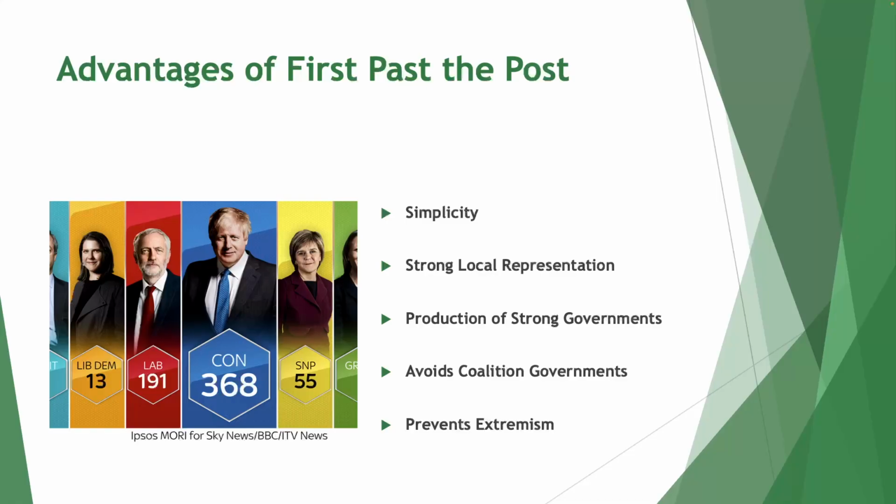A final point of importance is the avoidance of extremist parties. Parties that are particularly unpleasant extremists, whether they're extremely far left or extremely far right, tend to not get much in terms of the number of seats in Parliament, despite the fact that they get quite a lot of votes.